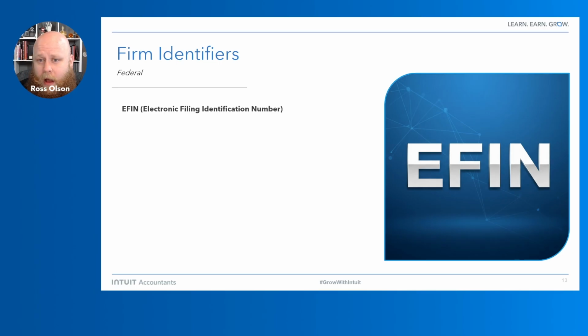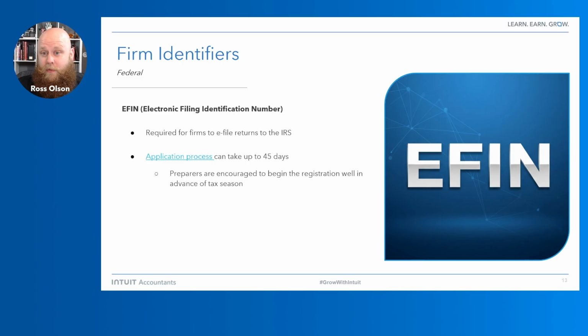Again, these three oftentimes are meshed together. One's referred to as the other. We'll get documents that are for one when we really need something for the other. The electronic filing identification number is something needed if you're electronically filing returns in ProConnect. So there's consumer software out there where you don't need an EFIN. It's being filed through kind of a third party.